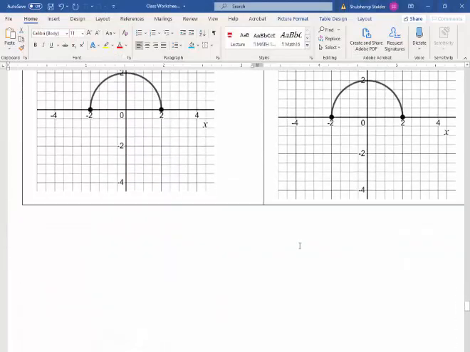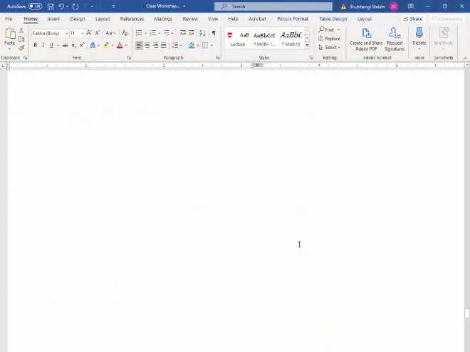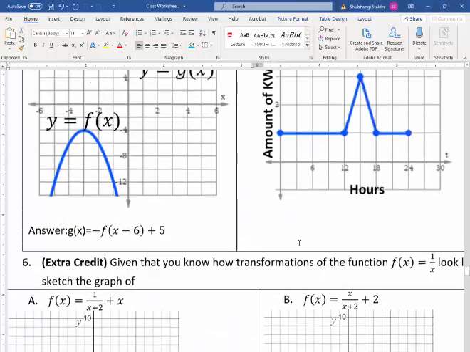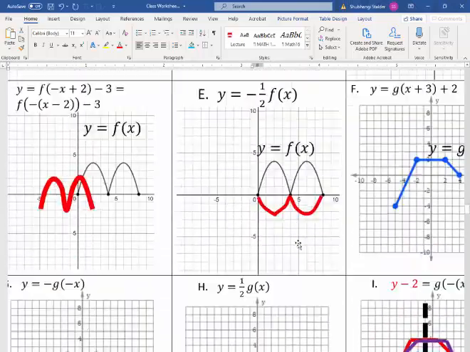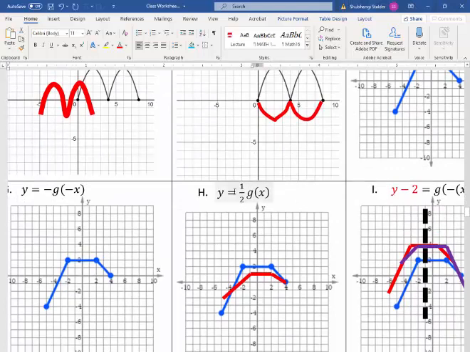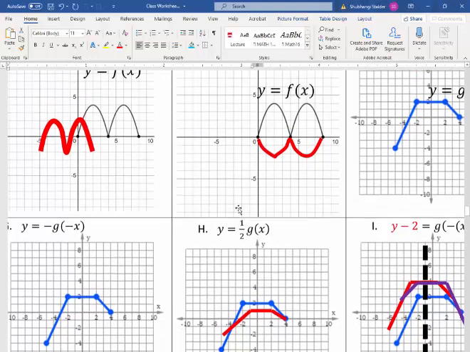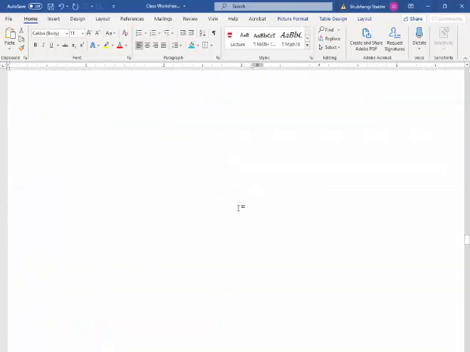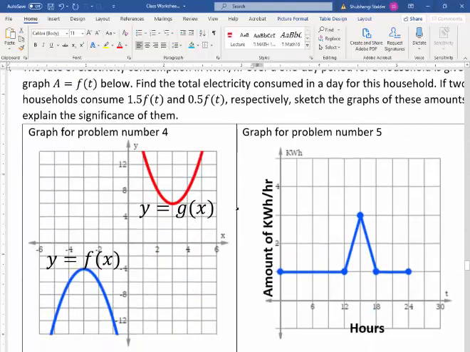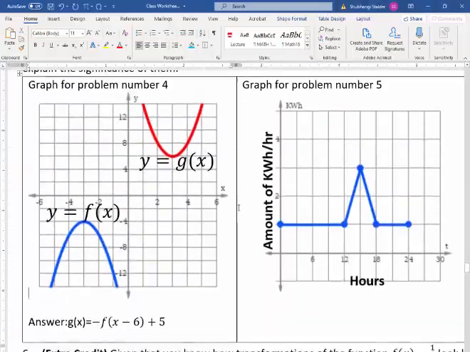Number H. This one? No, the other one, the one at the back. Number 2H.